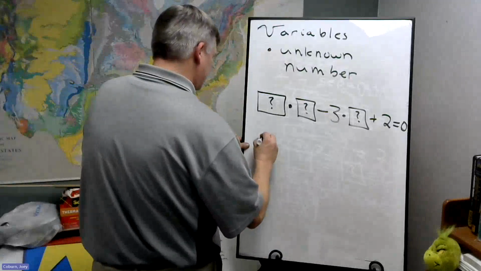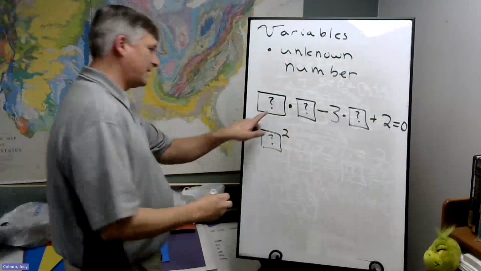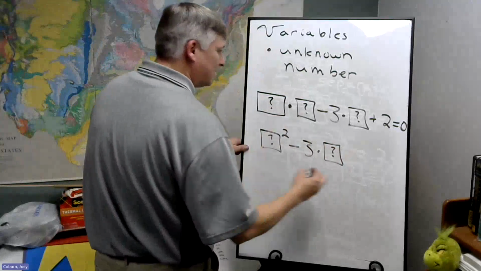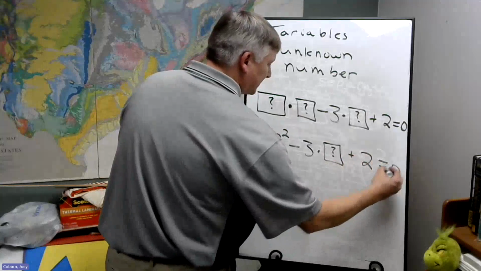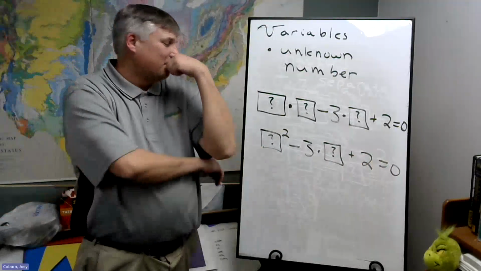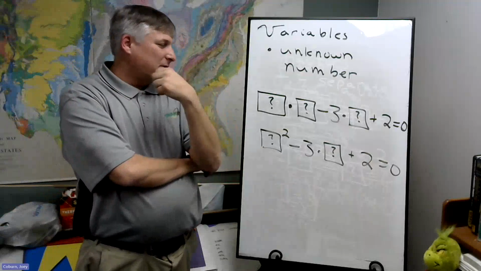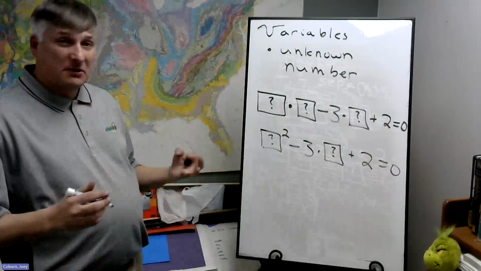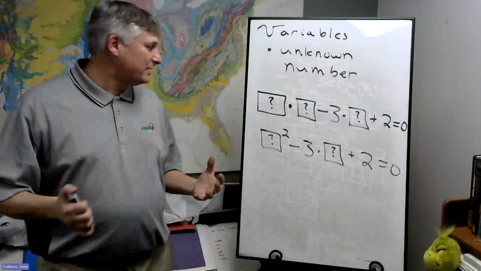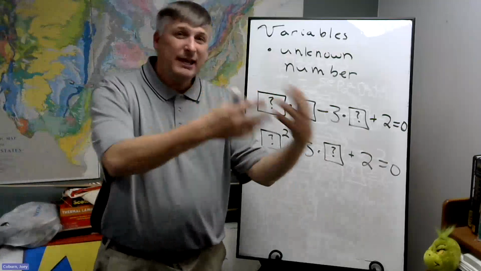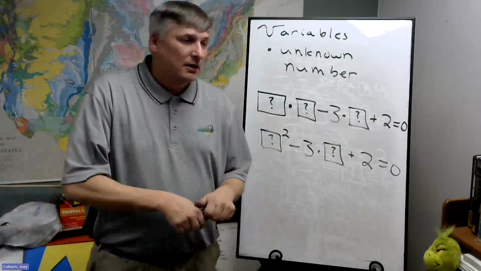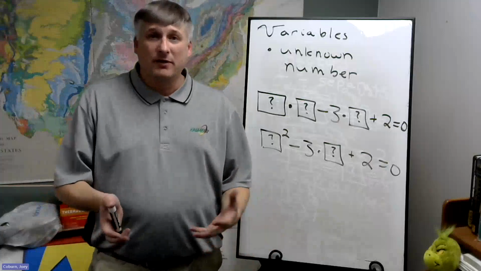Or we might put it like this, the number squared, because that's the number times itself, minus 3 times that number plus 2 is equal to 0. What numbers work for this? And if you've done anything with quadratics, you might be able to figure this one, but it's going to get much harder. So what we're going to do in algebra is learn techniques that will guide us to what this actually is, help us find it where we don't have to guess. And that's what we're going to do with algebra.